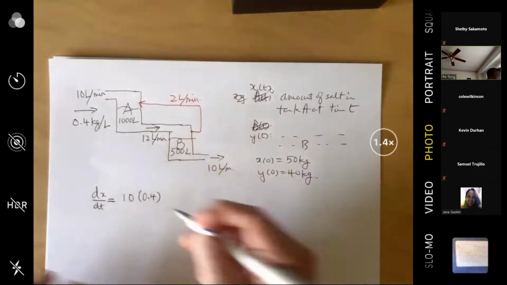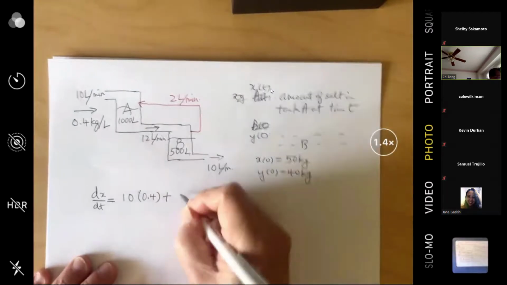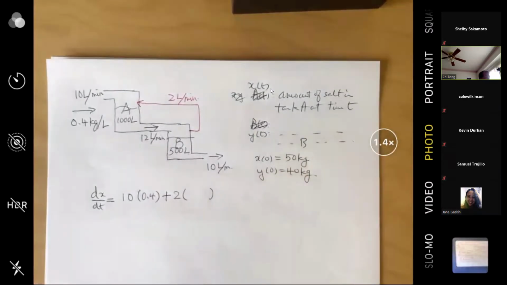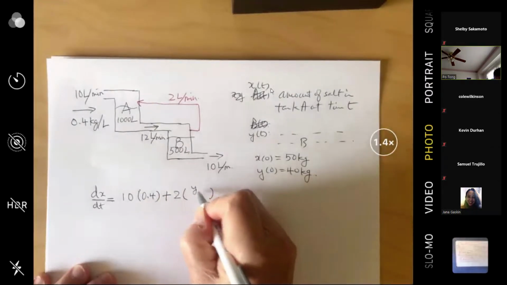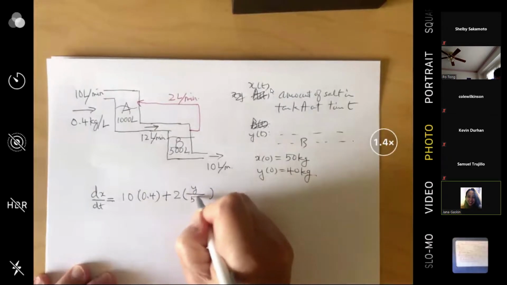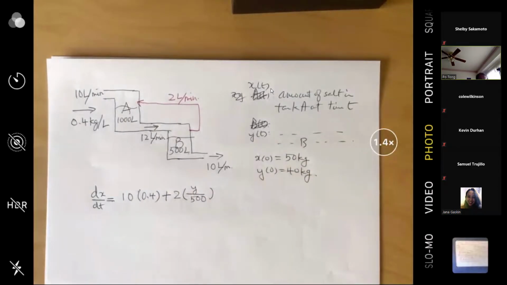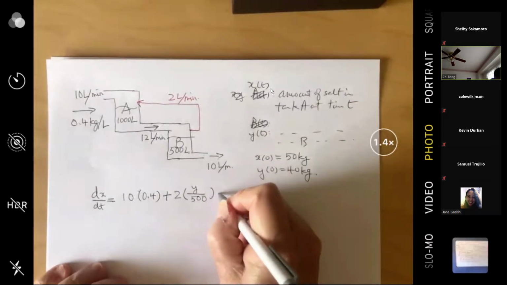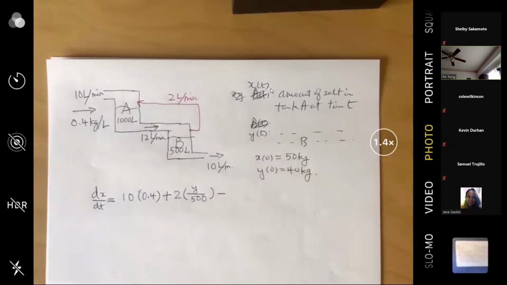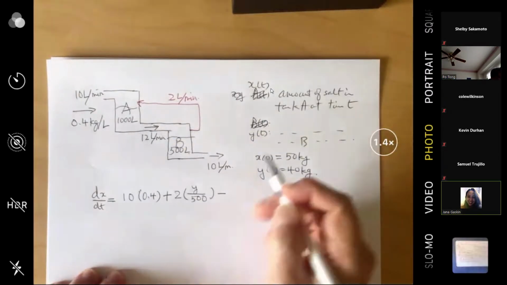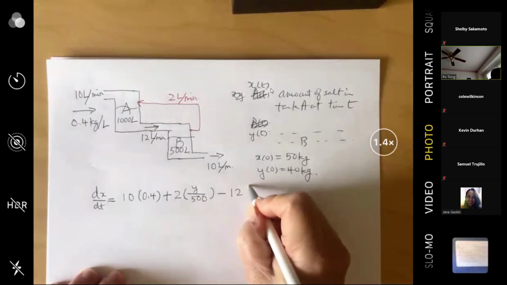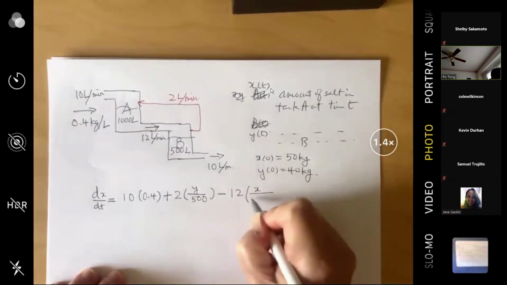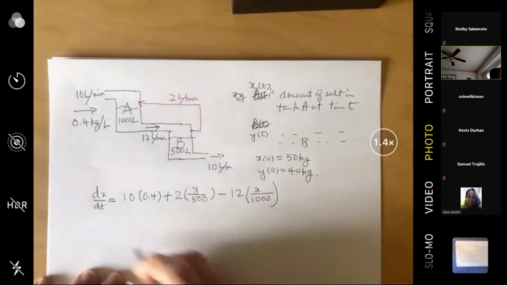Now there's another one coming in, so it's plus 2 times what? y(t) divided by 500. That's the concentration. Very good, John. Subtract what? This is 12 coming out, times x over 1000. 12 times x over 1000.